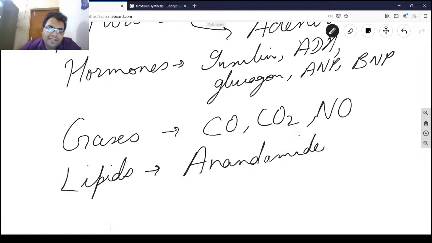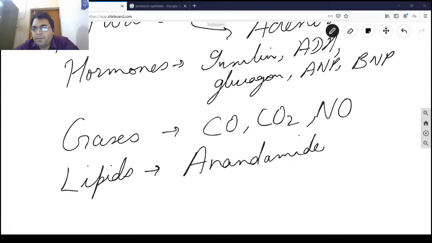This is a specified lipid which acts as a neurotransmitter. It can cause euphoria, drowsiness, appetite increase. It can be taken as a recreational substance, especially by the young generation.